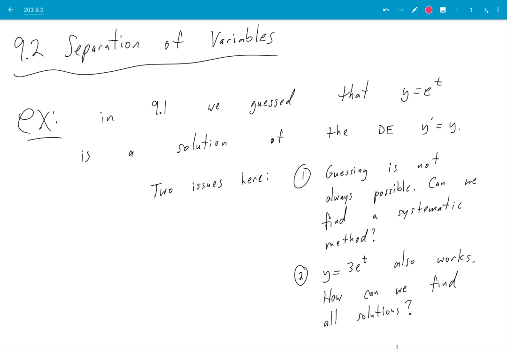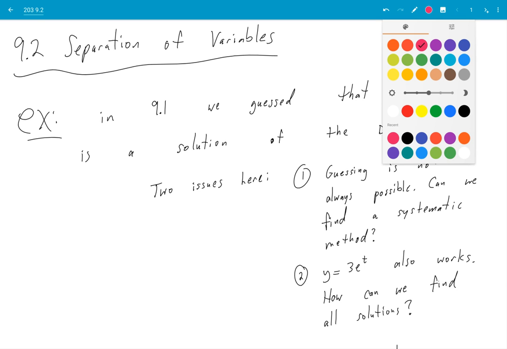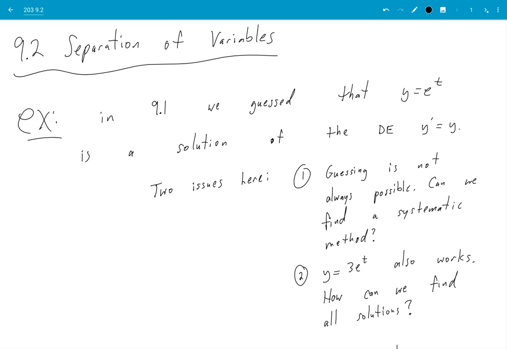If you want to study them, you could make a career of researching different solution methods. But today we're going to introduce just the very first technique, which is called separation of variables. So that'll be our first systematic method. It works for some differential equations, but doesn't work for all of them.